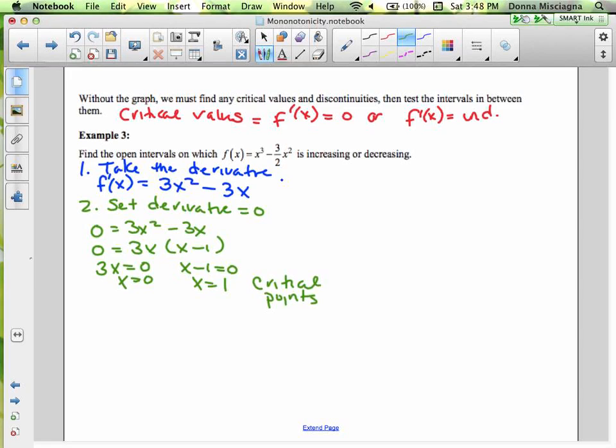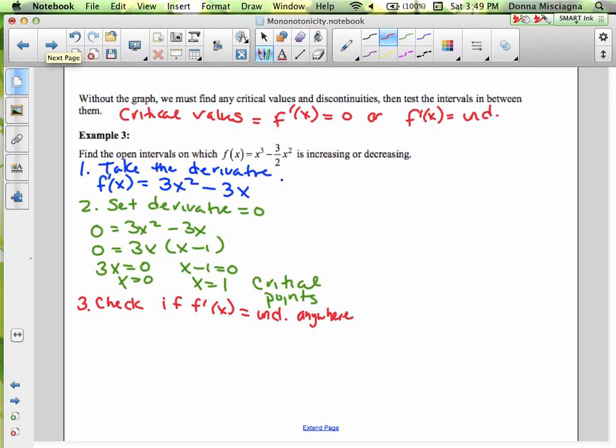All right, the only other place we can have critical points are when the derivative is undefined. So we should always just make sure we're going to check if f prime of x is undefined. So check if it's undefined anywhere, or you can think of it as check if the derivative is defined.